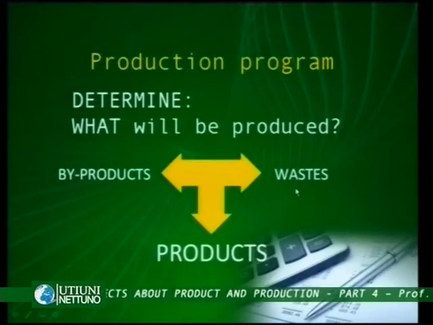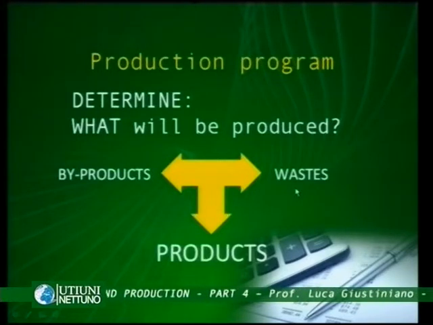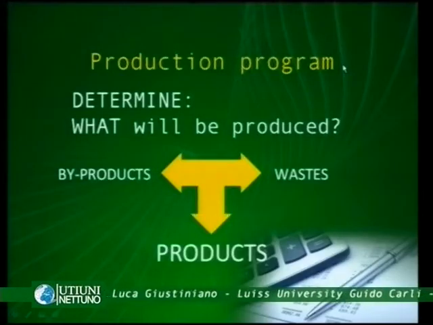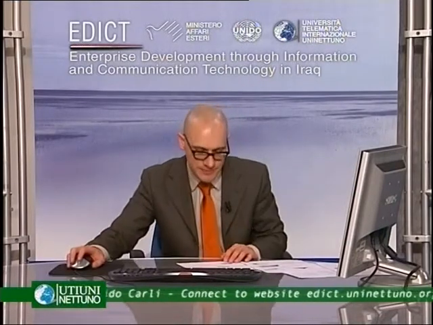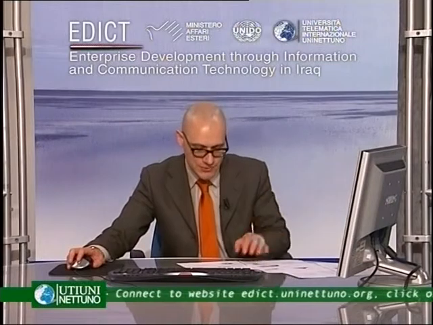And it's also about wastes and effluents that should be disposed in a proper way. So again, production program, as we've seen, is not just about the core products, but it's also about the byproducts and the wastes coming out of the production process.